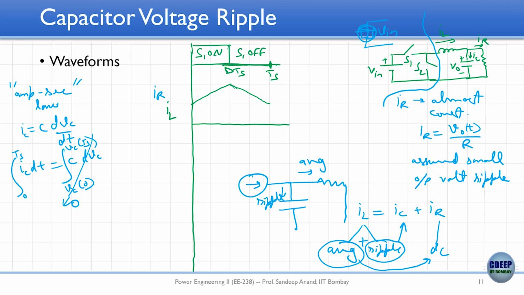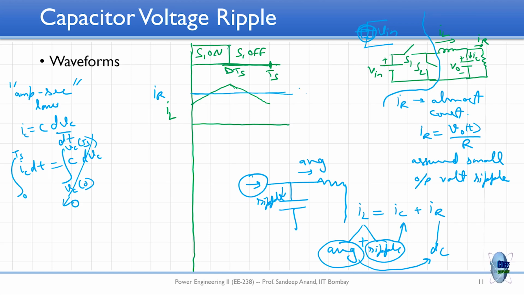Yes, ripple is IL max minus IL min, that's what we defined in the last slide. So now where should IR be in this picture? Let's come back to the question. It will actually be the average of this. It will be exactly in the middle.